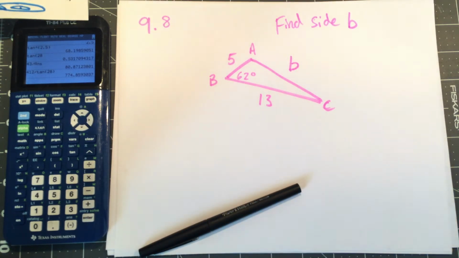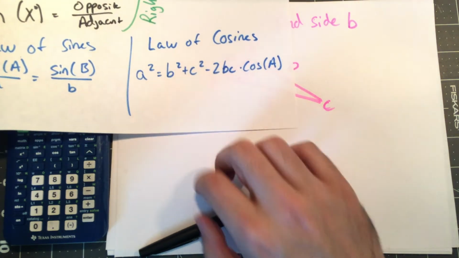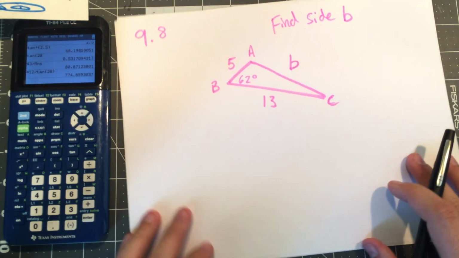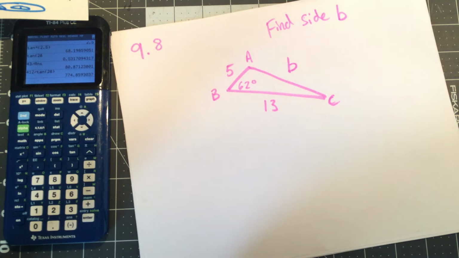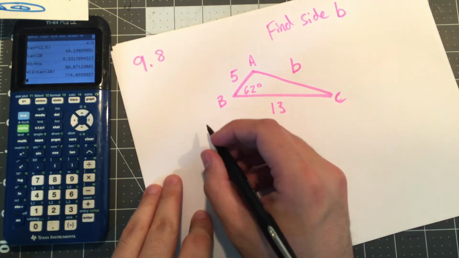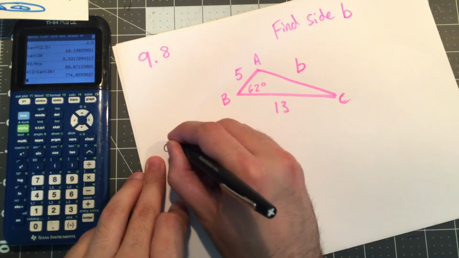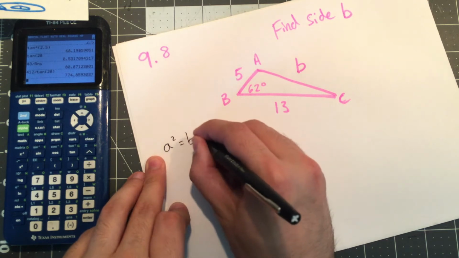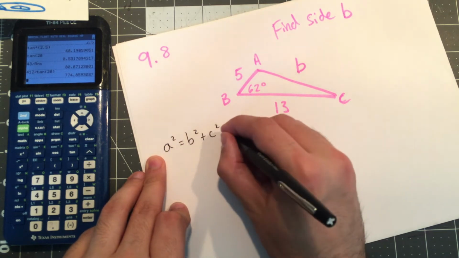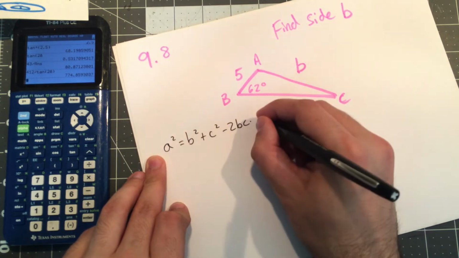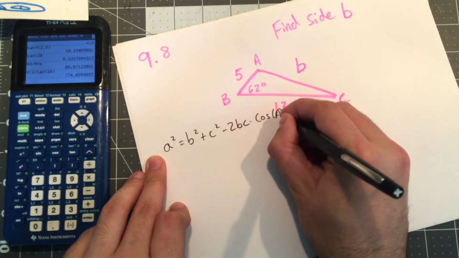If you don't remember what the law of cosines is, here it is. I'll copy it down over here so we have it on this page. And what it is, this: a squared equals b squared plus c squared minus 2bc times cosine a.